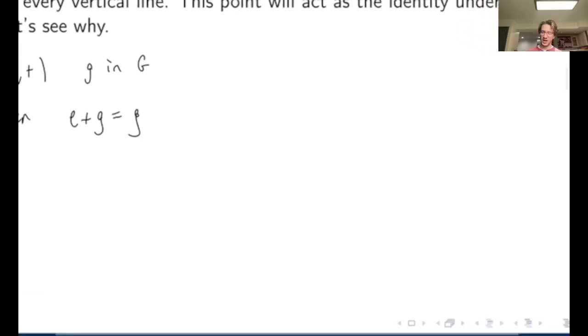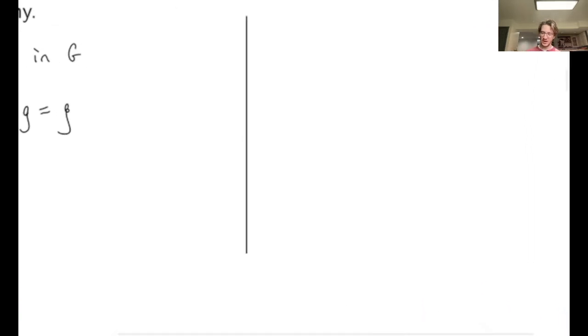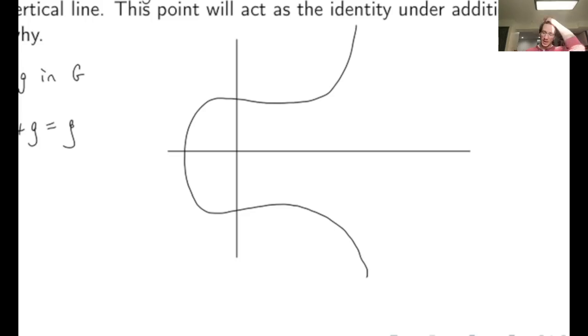Okay, so for us, let's think back to elliptic curves for a second and remind ourselves of how addition is defined. We are going to be looking at an elliptic curve that maybe looks something like this. If I have P and Q on this curve and I want to add P and Q, here's P, here's Q. As a reminder, you form the line between P and Q, find the slope of that line.